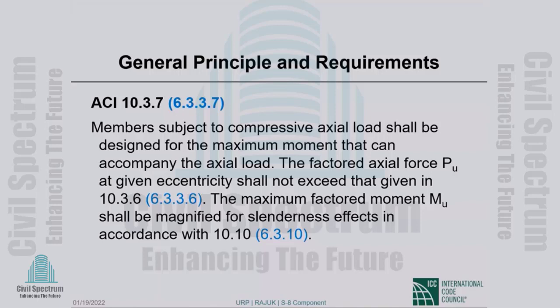The axial load is almost always compression, although there are rare cases of net tension on a column, in which case we call it a tension tie. Okay, and P sub u and M sub u will both have to be less than or equal to phi times P sub n and phi times M sub n. Okay? It is as simple as that.